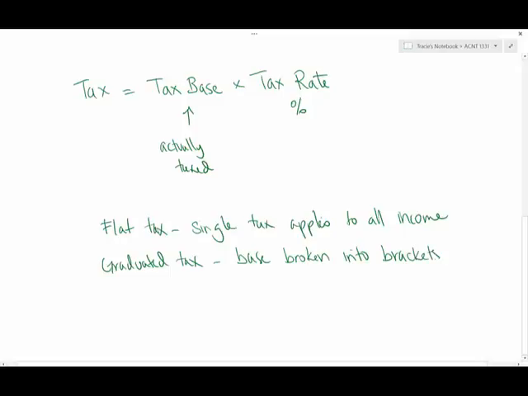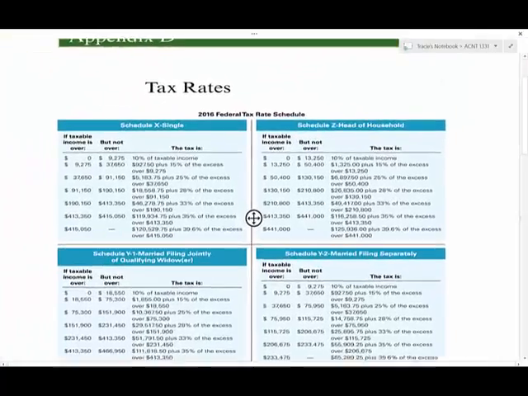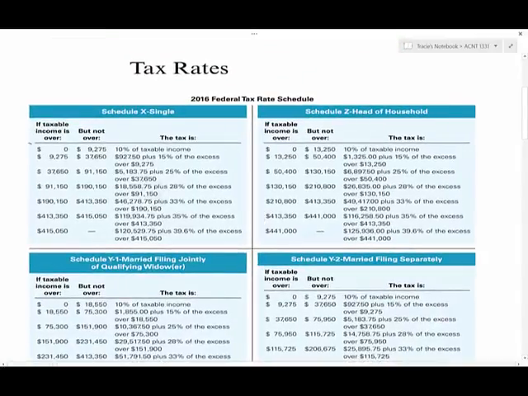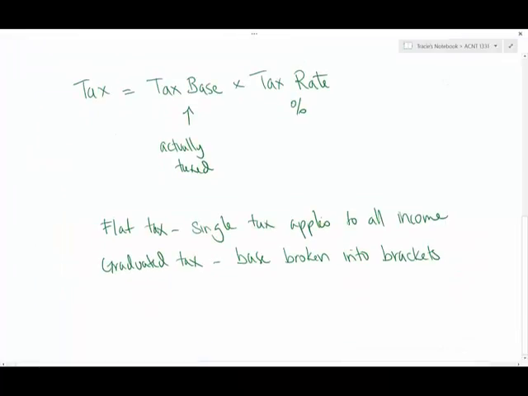And we can see that that's the system that we use here in the United States when we're talking about the individual income tax. When we look at the tax rate schedules, we can see that it is broken into different brackets and that there's a different tax rate assessed with each of the different brackets. That's called a graduated tax. Whereas a flat tax is similar to our sales tax. No matter whether you buy a flat screen TV or a piece of gum at the grocery store, you pay 8.25%, a flat tax.